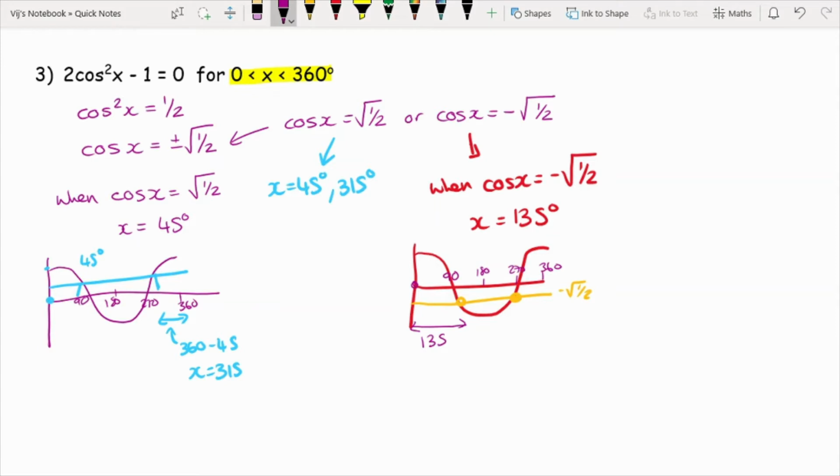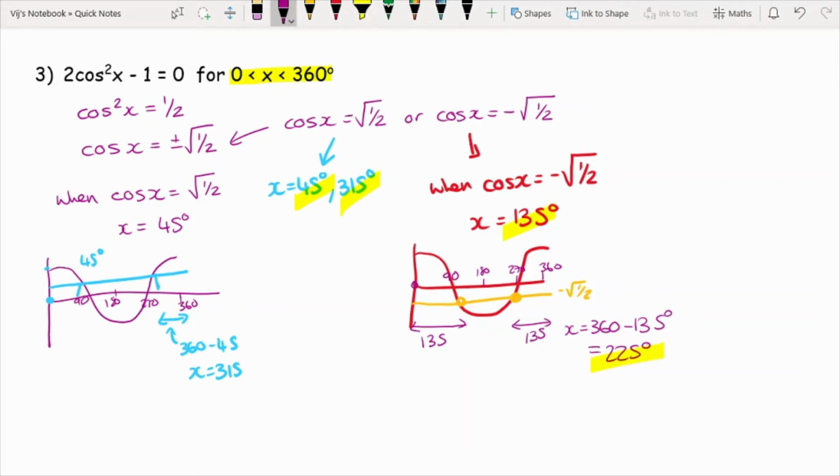So then the distance here is also going to be 135. So to work out the second angle for here, all I need to do is 360 minus 135, which equals 225. So if I look at my 4 intersection points in total, they're all there.